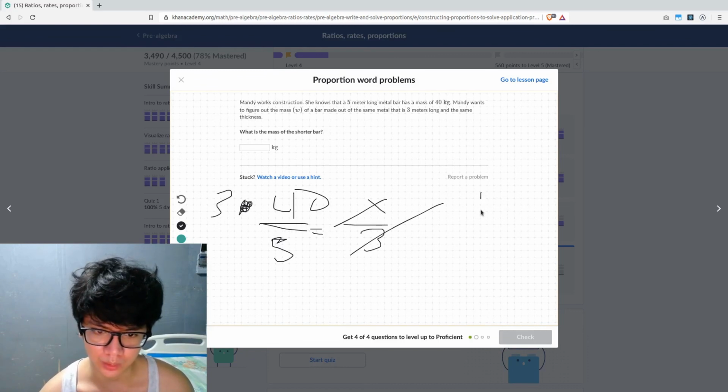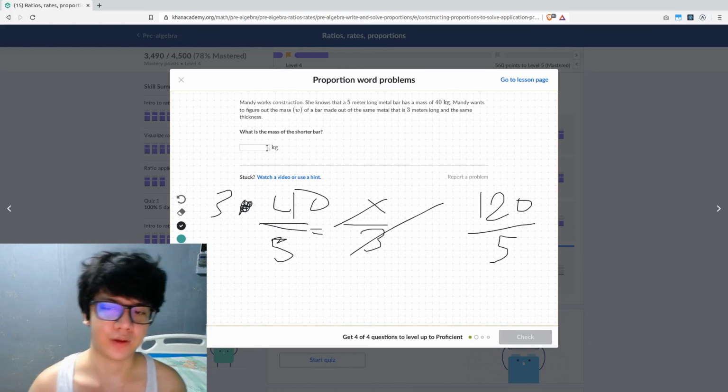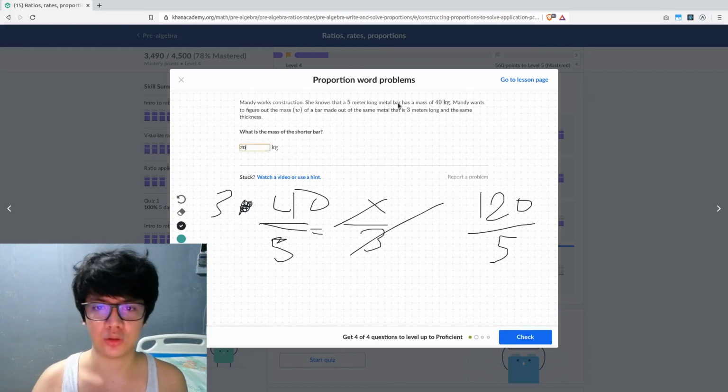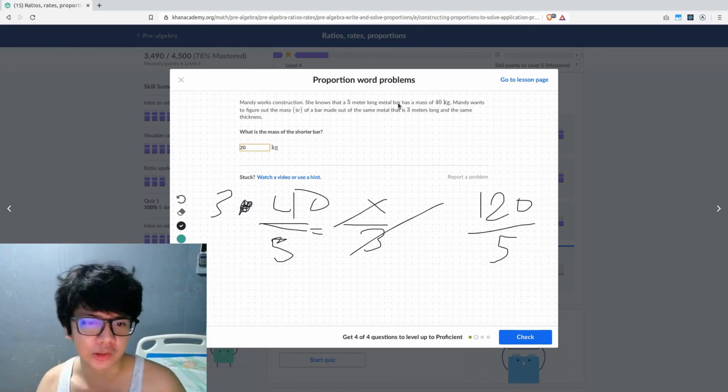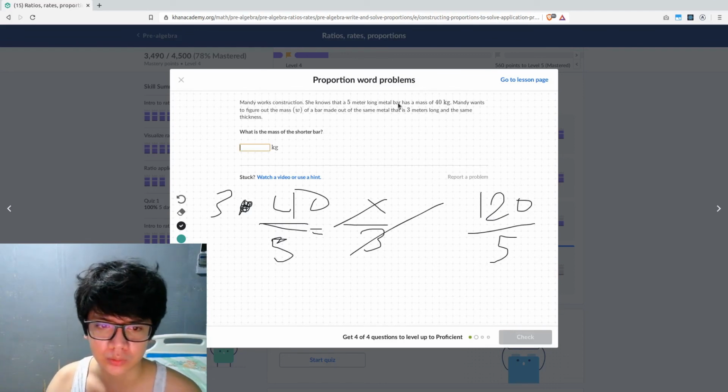So yeah, 120 divided by 5 is 20. I guess actually not. It shouldn't be 20 though.